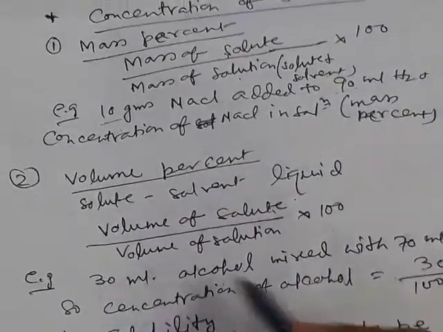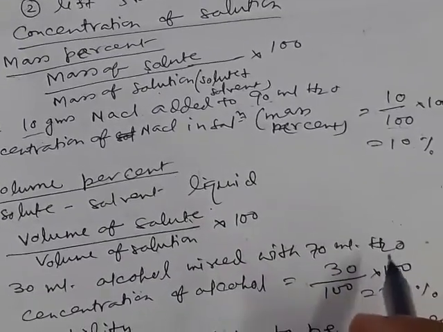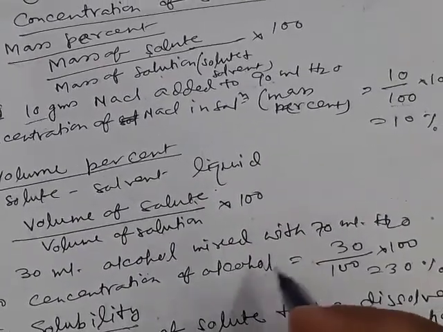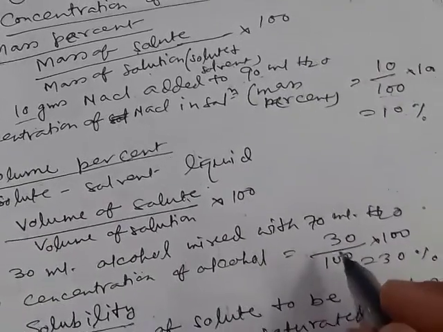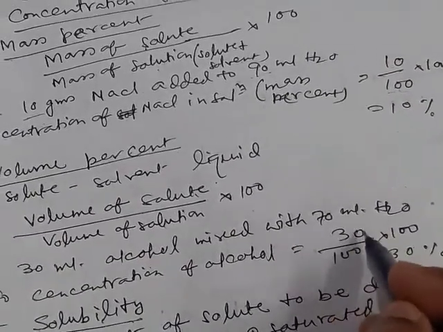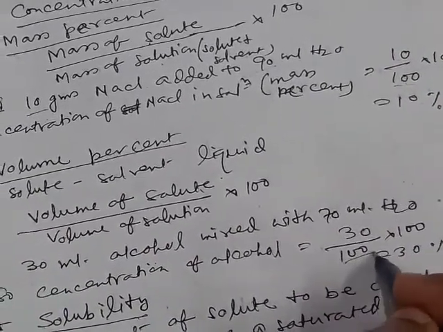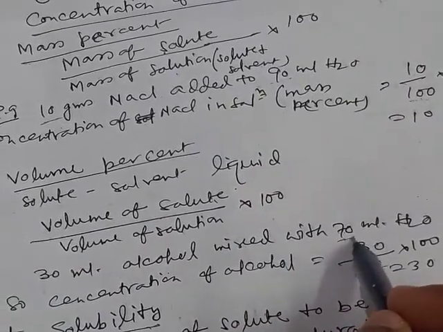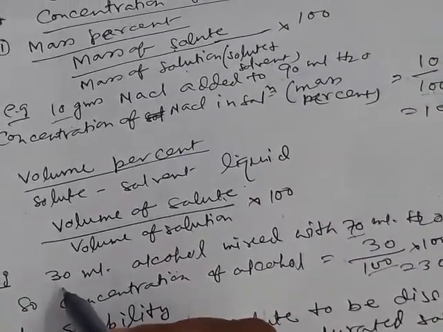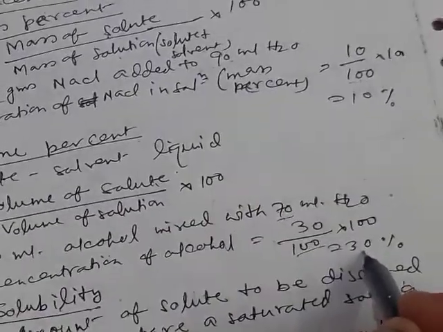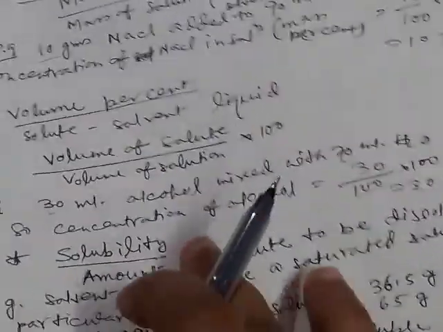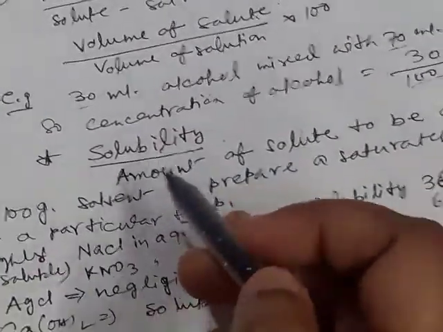Say for example 30 ml alcohol is mixed with 70 ml water, then the concentration of alcohol is 30 ml divided by the volume of solution, volume of water 70 plus volume of alcohol 30, so 100, that is 30%. This is the volume percent of alcohol.